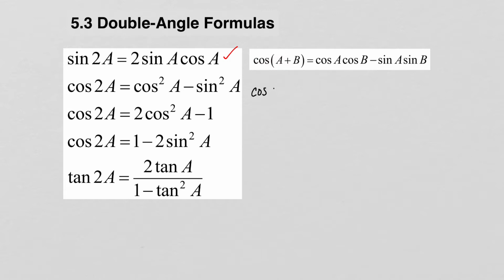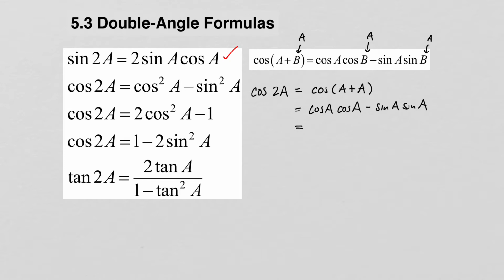So if I want the cosine of 2 times A, first we just write that as cosine of A plus A. And now in the addition formula, we are simply replacing the angle B with the angle A. And if we do that everywhere we have an angle B, we end up getting the cosine of A times the cosine of A minus the sine of A times the sine of A. So again, all I'm doing here is putting the angle A in for B here, which becomes this, and the angle A in for B here, which becomes this.